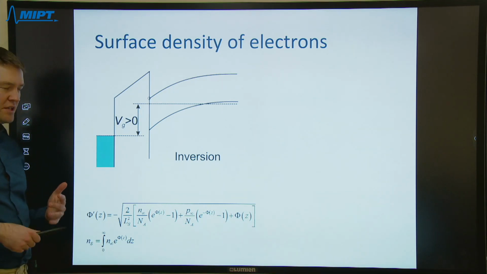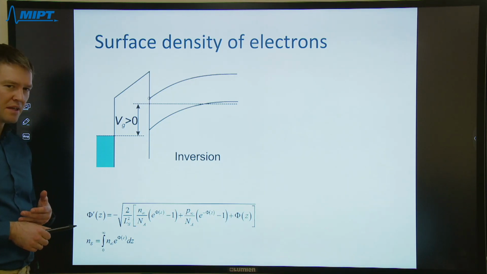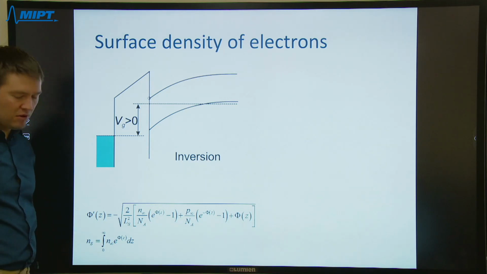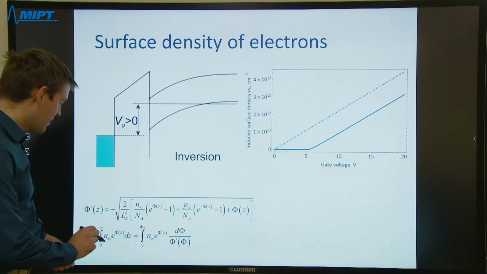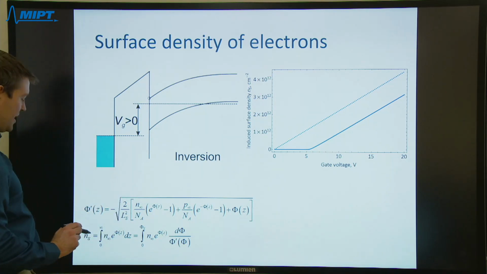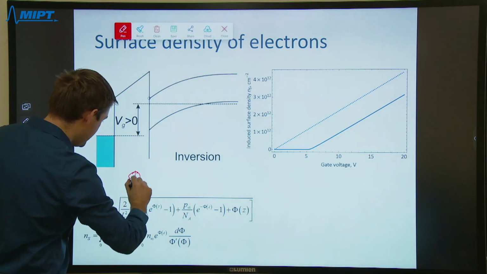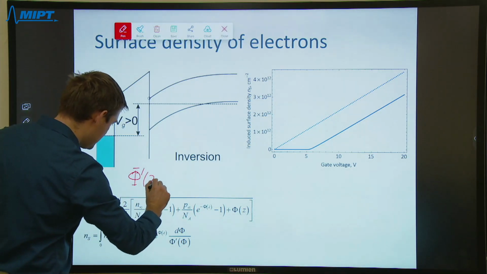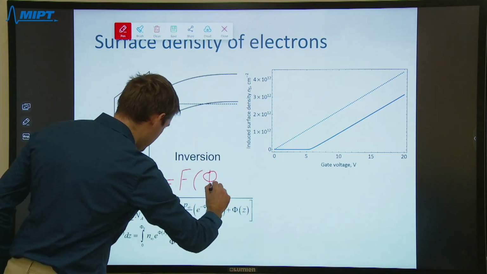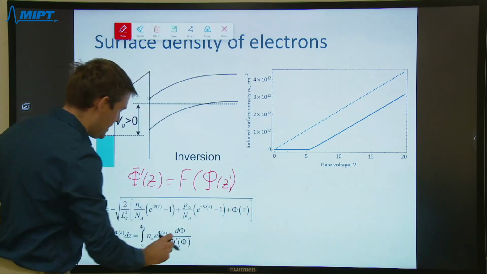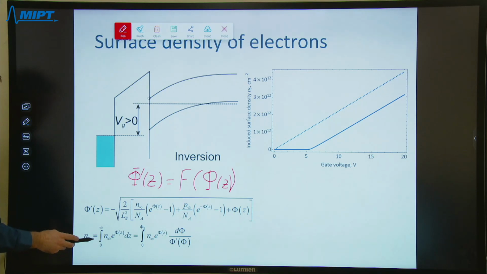It requires much numerics, but we can proceed almost analytically in this case with a very interesting trick. What we know is the dependence of the field as a function of potential. This is a simple function that is given here, and we need to calculate the full density.